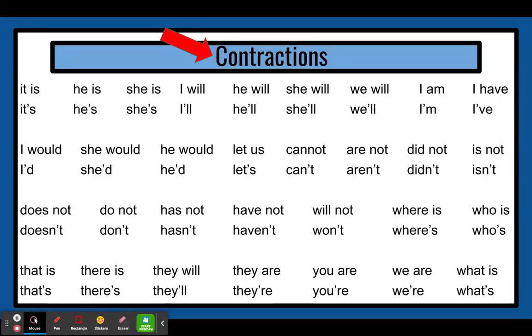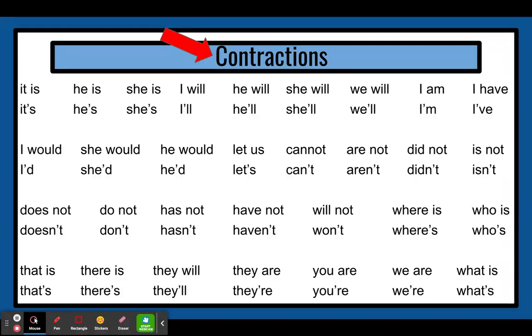And the last section here we have that is becomes that's. There is becomes there's. They will becomes they'll. They are becomes they're. This is not to be confused with the other two theres. We have there showing location, like my book is over there on the table.